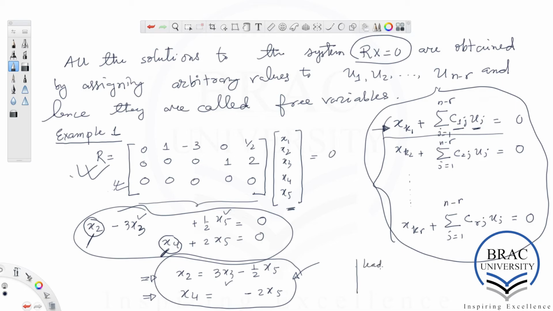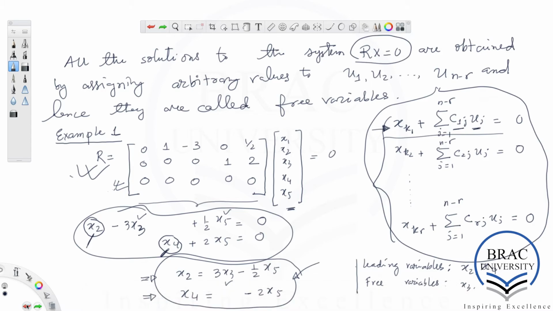Leading variables for this example are x2 and x4, and the free variables, or free unknowns if you want to call them, are x3, sorry, I forgot x1.